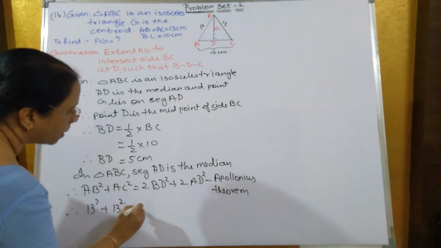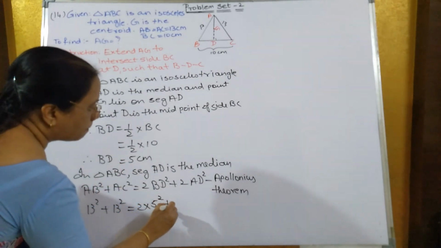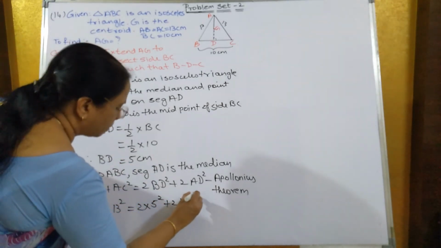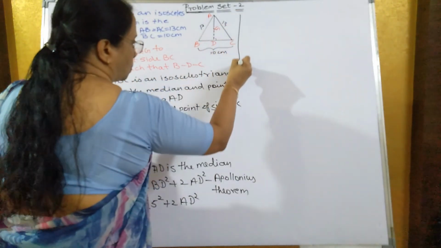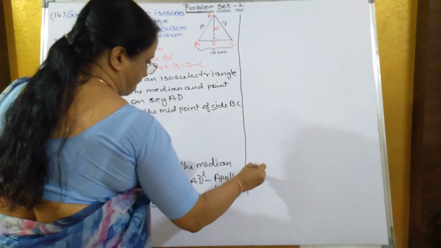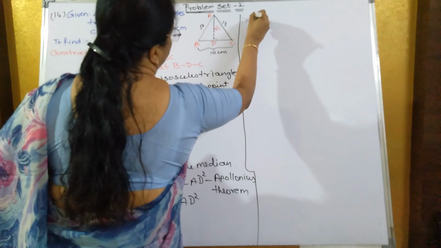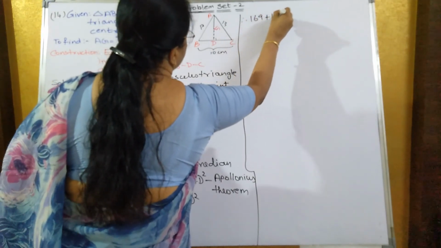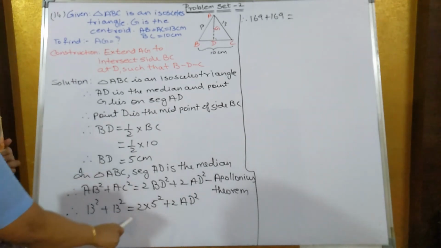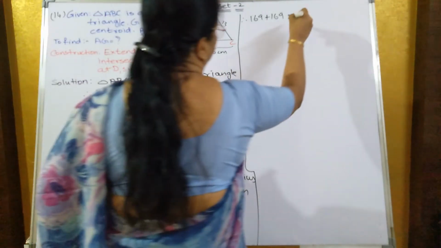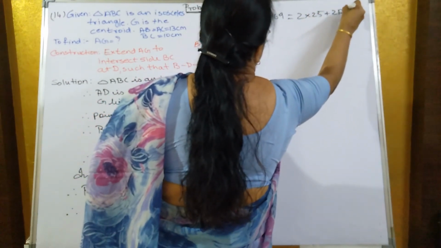So 13 square plus 13 square is equal to 2, BD we have got how much? 5 square plus 2 AD square. Now 13 square is how much? 169. So 169 plus 169 is equal to 5 square is how much? 25. So 2 into 25 plus twice AD square.